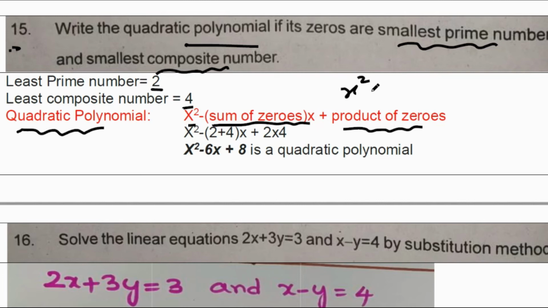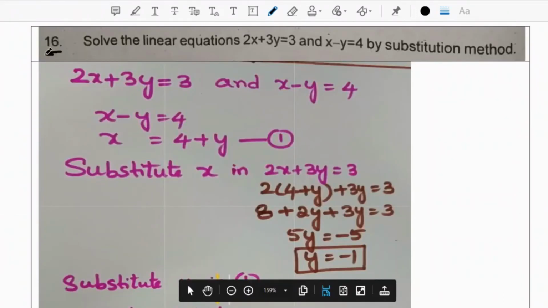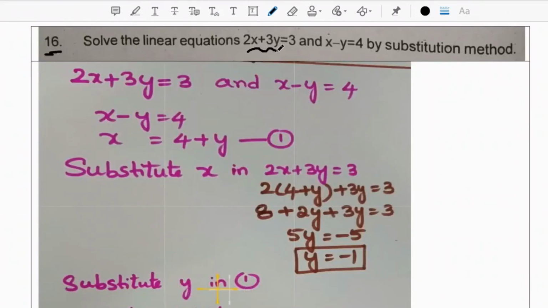Or we can also write x square minus (alpha plus beta) into x plus alpha into beta, where alpha and beta are two zeros. Here sum of zeros means addition, so two zeros are 2 and 4, so we have to add 2 plus 4, and product of zeros means multiplication, we have to multiply 2 times 4. So x square minus 6x plus 8. So quadratic polynomial is x square minus 6x plus 8.